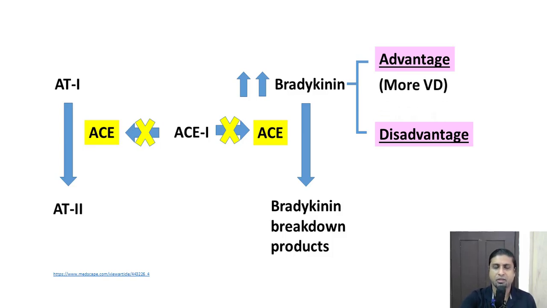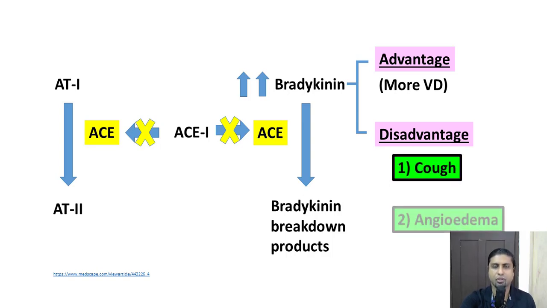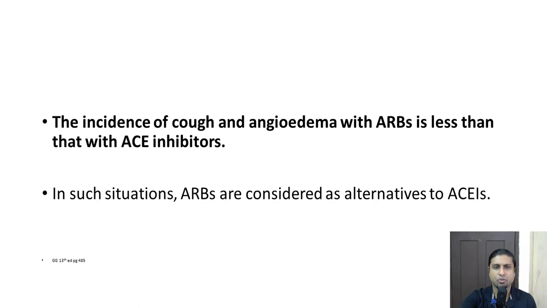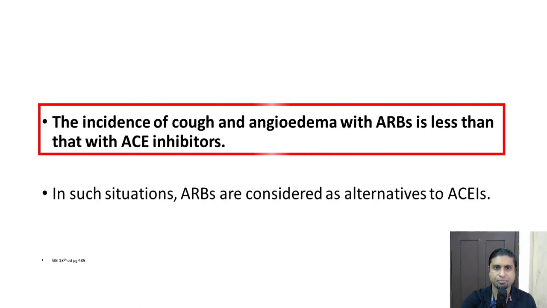Unfortunately, bradykinin is also implicated in the higher incidence of cough and angioedema in patients receiving ACE inhibitors. So the incidence of cough and angioedema is less with the ARBs when compared to the ACE inhibitors, and in such situations, ARBs may be considered as alternatives to the ACE inhibitors.